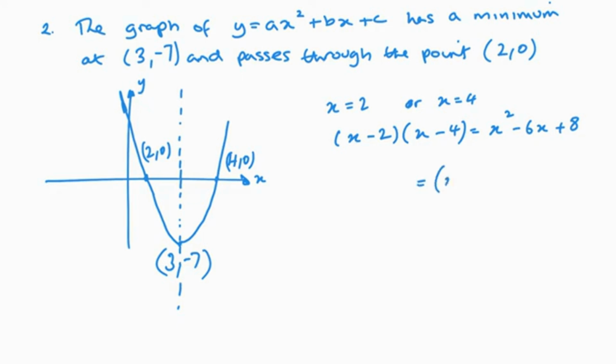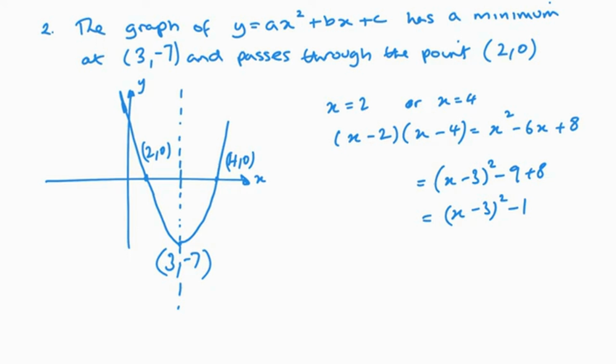So (x minus 3) squared minus 9 plus 8, (x minus 3) squared minus 1. Now if I immediately compare these, this has currently got a minimum value of 3, minus 1.